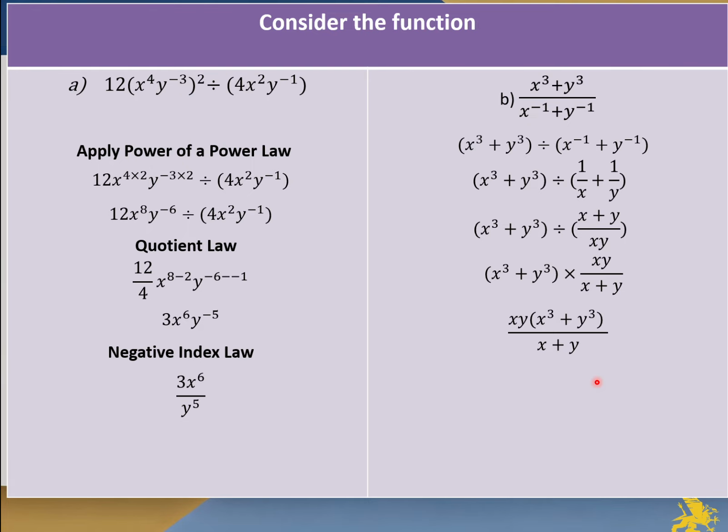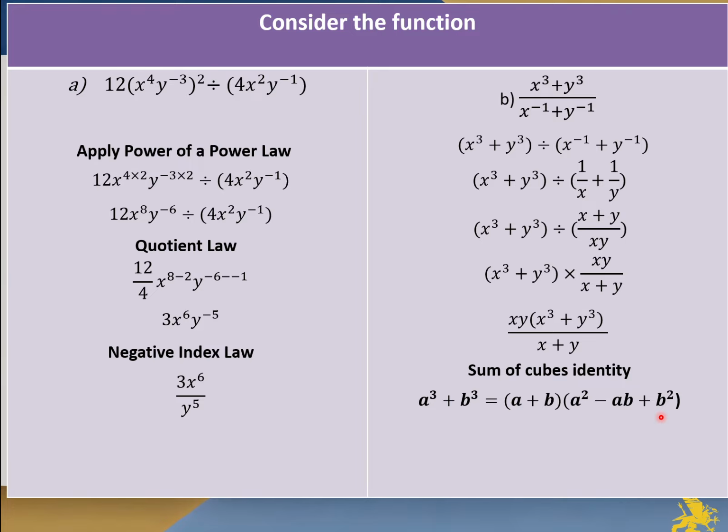In a previous video from chapter 4, we went over the sum of cubes identity. That means a cubed plus b cubed is equal to a plus b in brackets, a squared minus ab plus b squared.